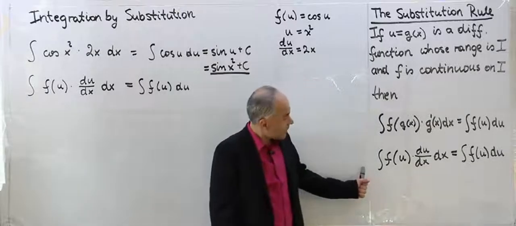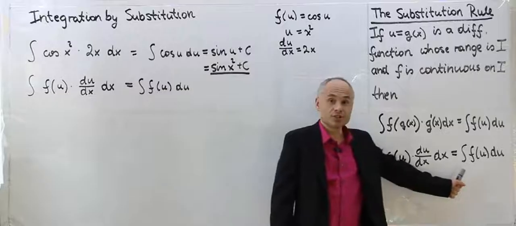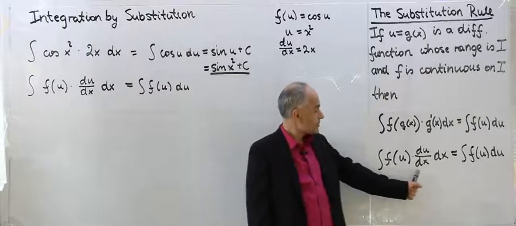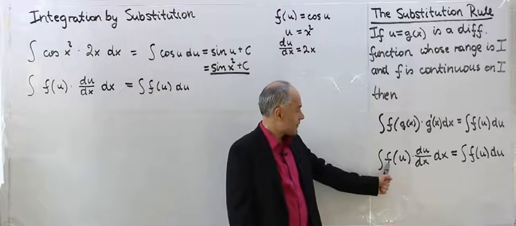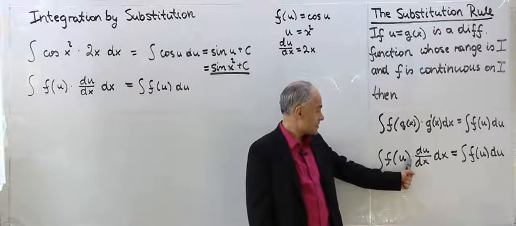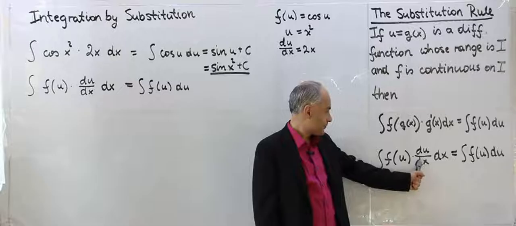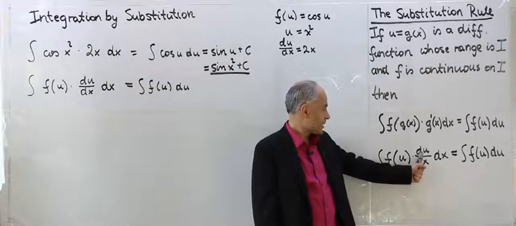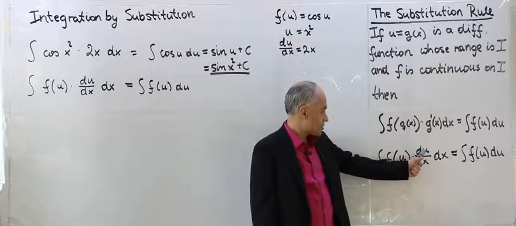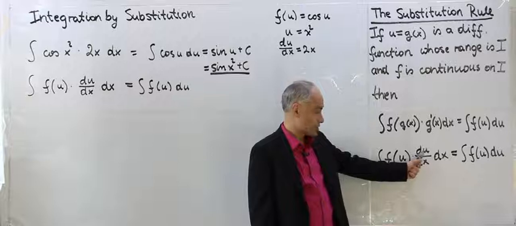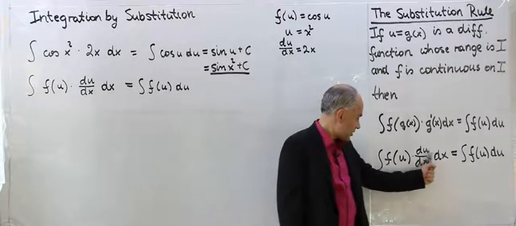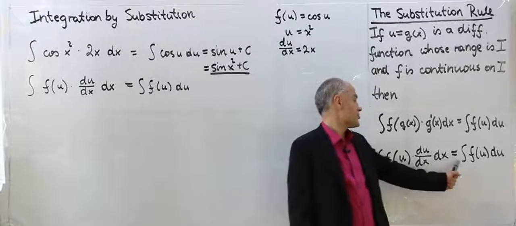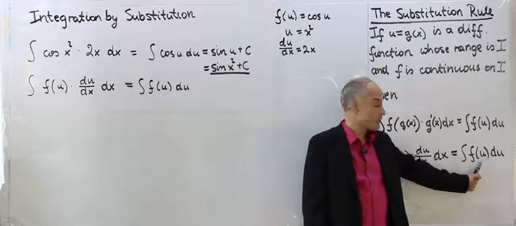Notice that it's very easy to remember the substitution method by looking at this equation in Leibniz notation. So the integral of f of u times the derivative of the function g of x, which is u, so du by dx, is equal to the integral of f of u du.